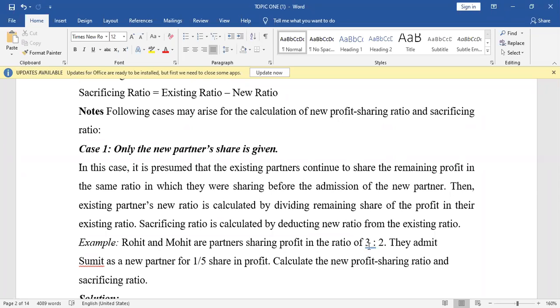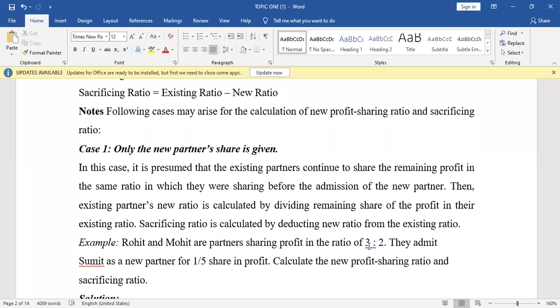That's the old profit sharing ratio they are having. They admit Smith as a new partner with a 1/5 share in profit.